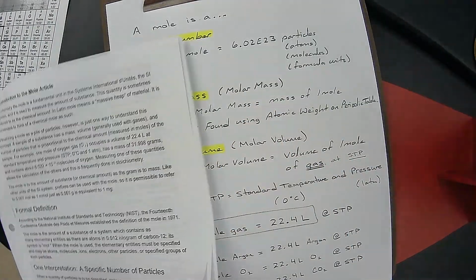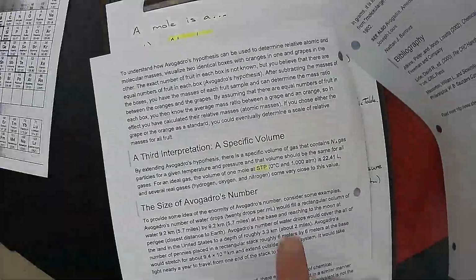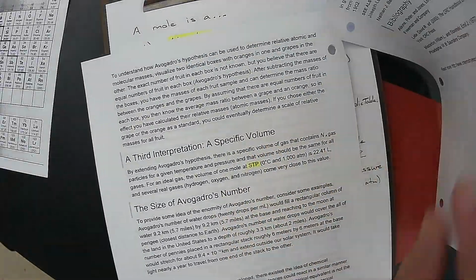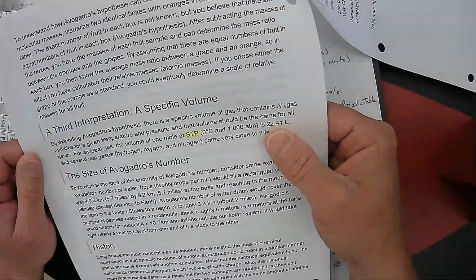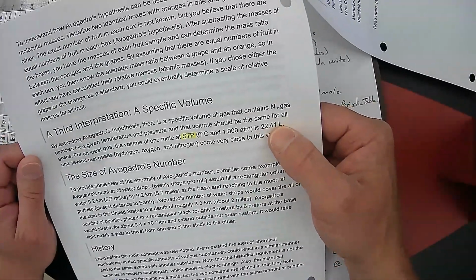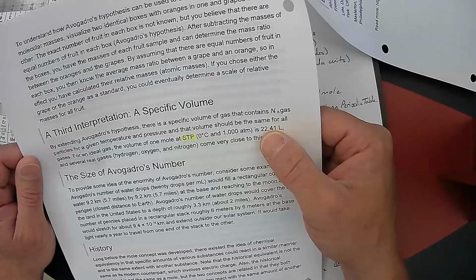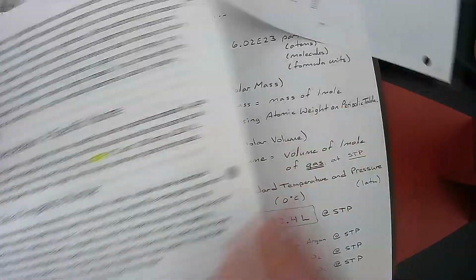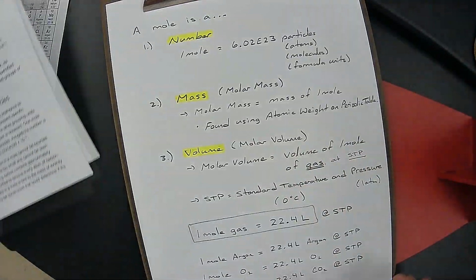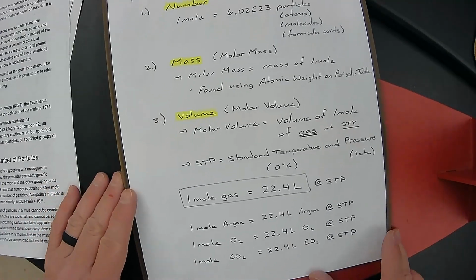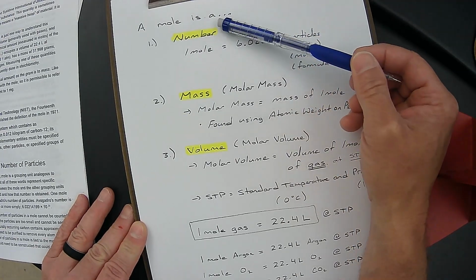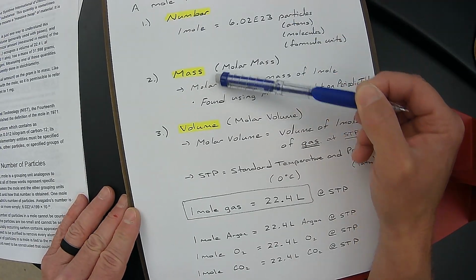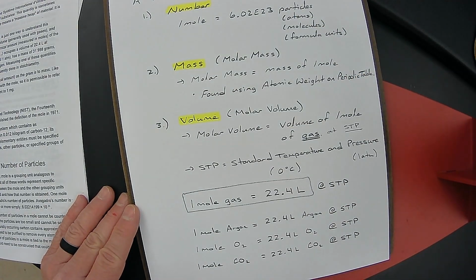And then it's also a specific volume, and that volume is 22.4 liters. Now you'll notice they round to the nearest hundredth. We only rounded to the nearest tenth, which is what we will be dealing with in our class. I hope this helps in understanding the concept of a mole, and that a mole is a number, a mole is a mass, and a mole is a volume.